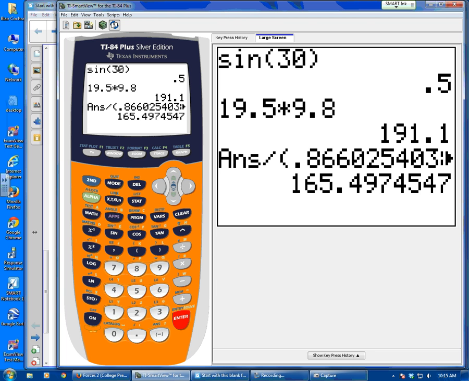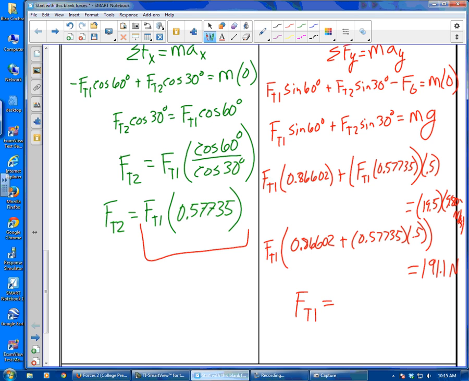If I round to 3 sig figs, I get 165 newtons. That one.